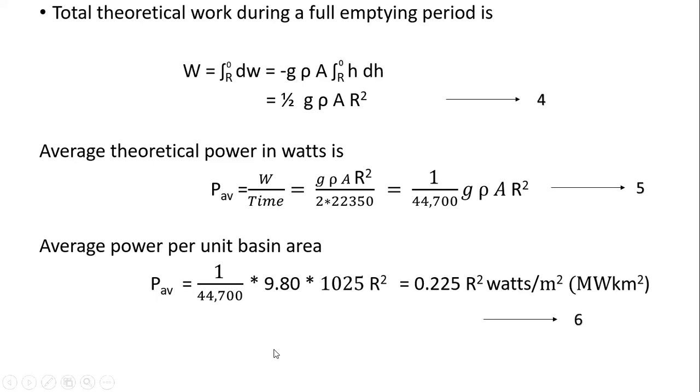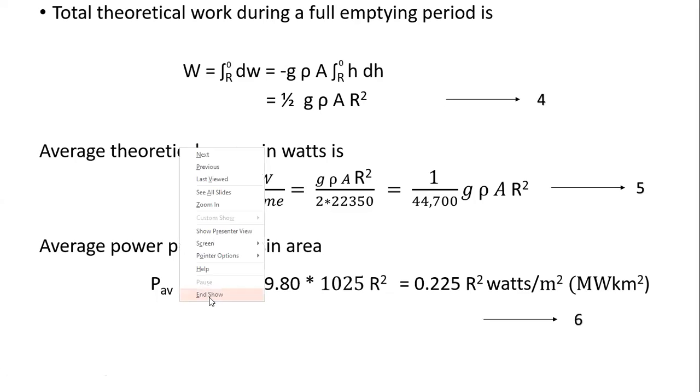P average is equal to 1 by 44,700 into G, gravity, and the average water density rho is 1025 kg per meter cube, and G is 9.80.